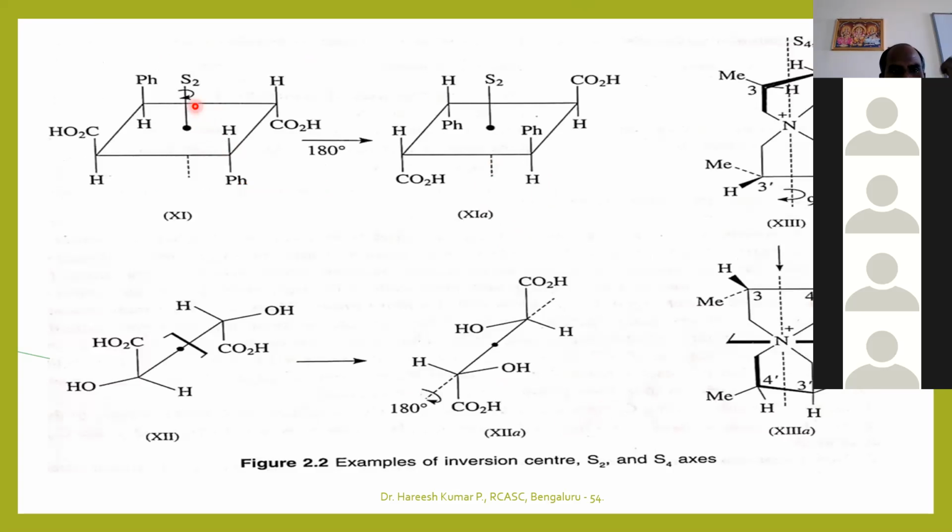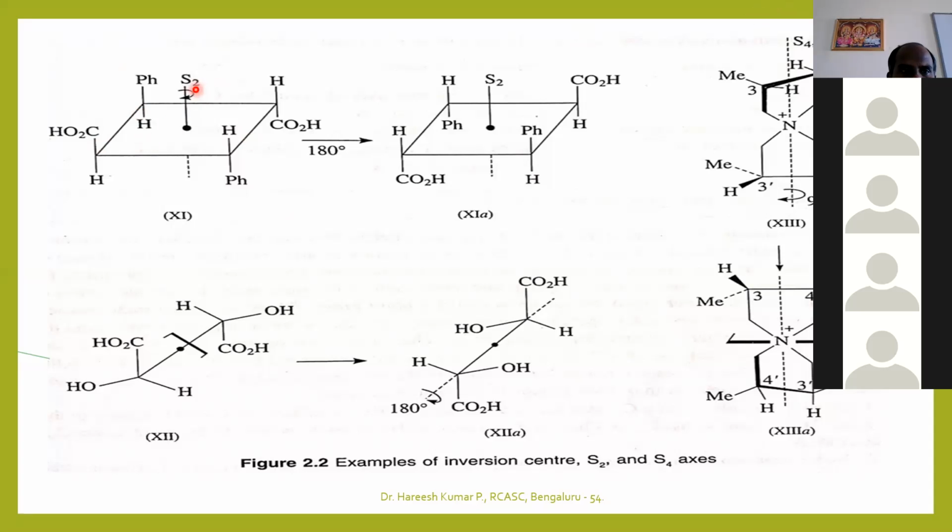You can observe this type of molecule: COOH here, COOH here, phenyl here, phenyl there. When this is rotated by 180 degrees, what will happen? You can get a compound like this. Now tell me, initially there was a COOH here, now it is here. Initially there was a phenyl group here, now it is here. Similarly, initially there was a COOH here, now it is here. And these compounds exhibit an improper axis of symmetry or alternative axis of symmetry.